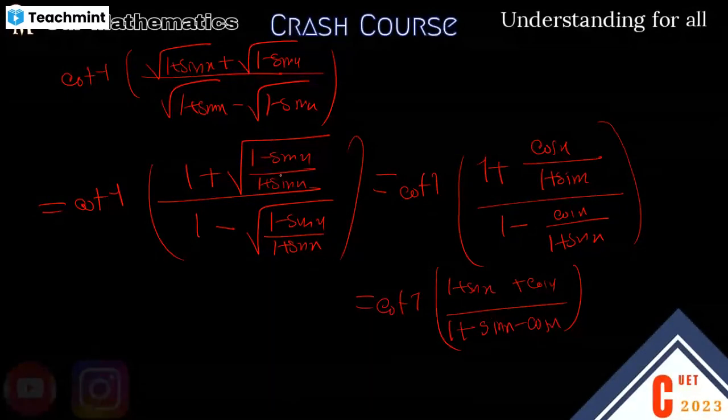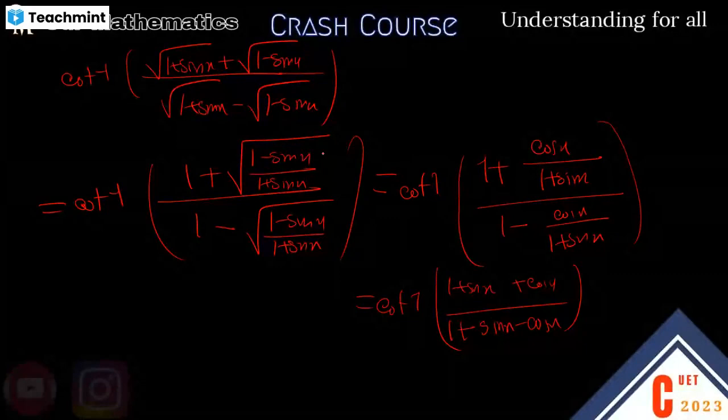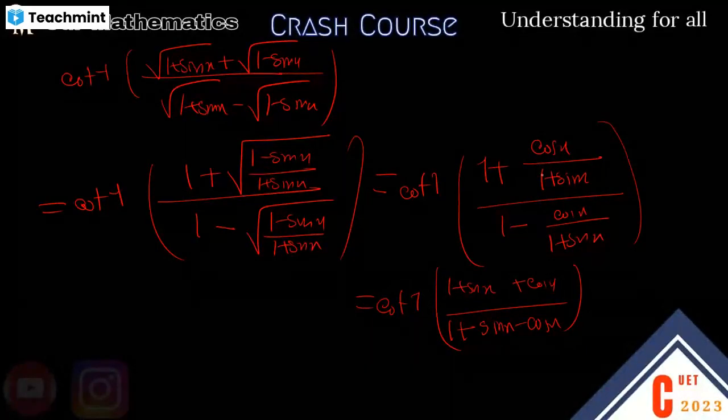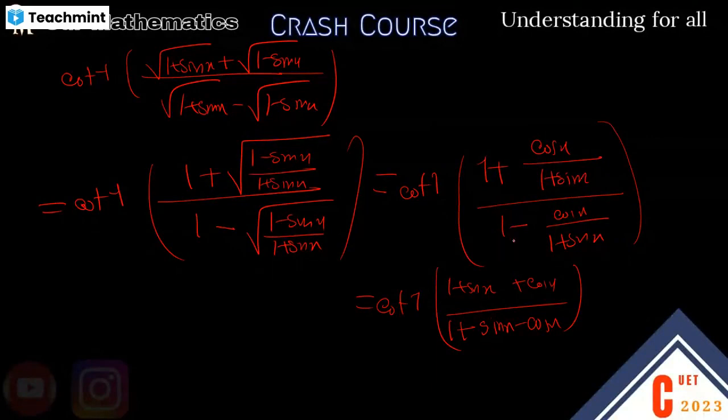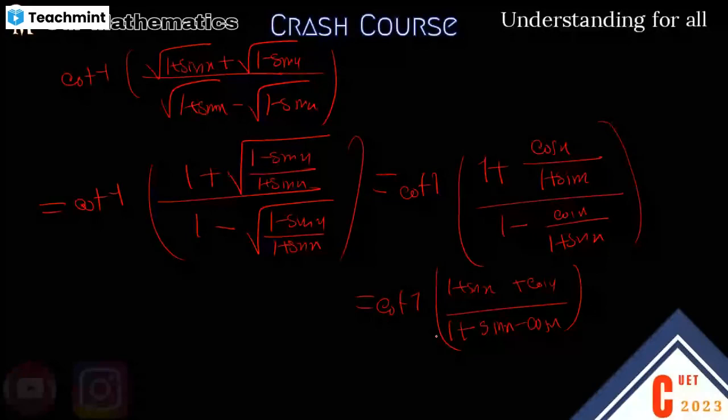We have to multiply here 1 plus sin x in the numerator and denominator. Then in the above portion it will be cos x, and below it will come 1 plus sin x, 1 minus cos x by 1 plus sin x. Then we will write cot inverse.